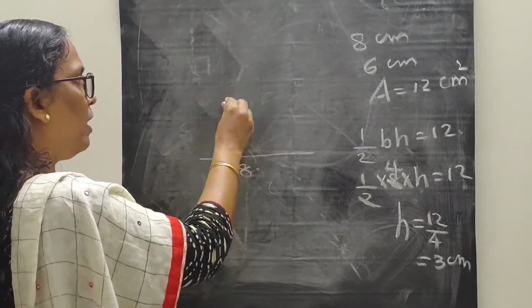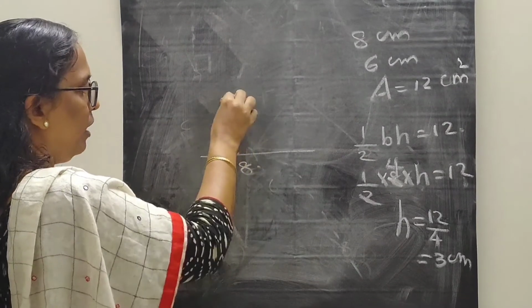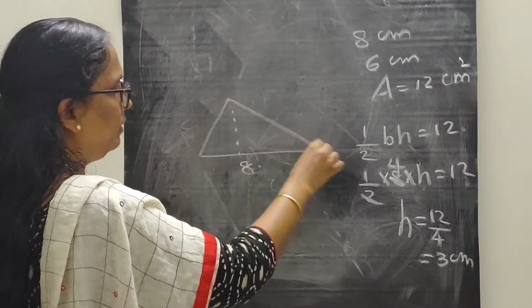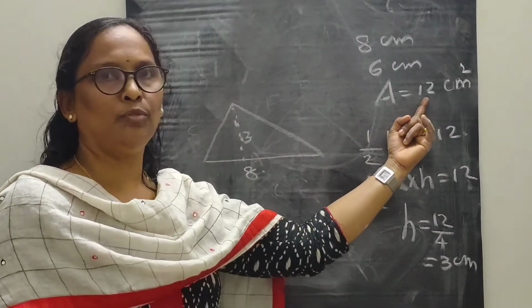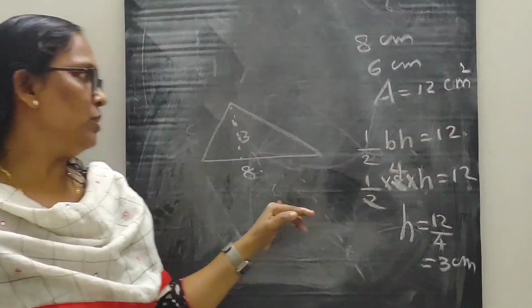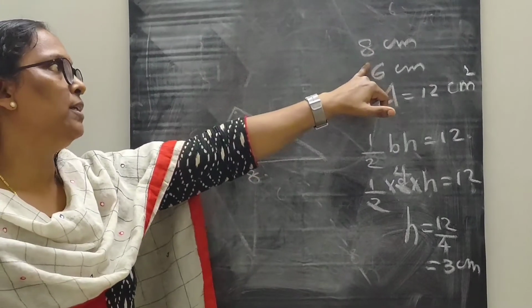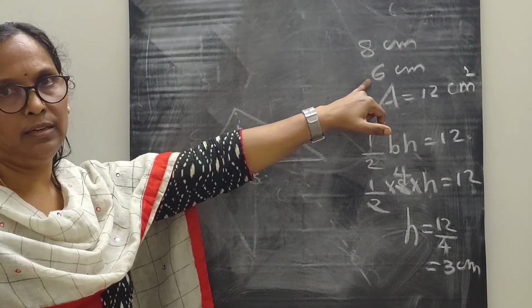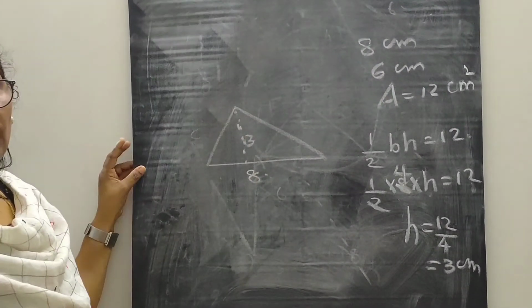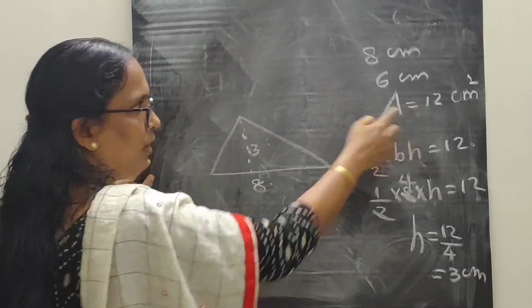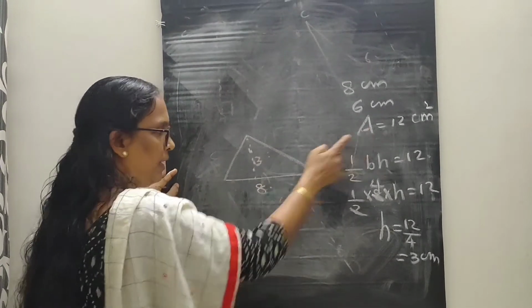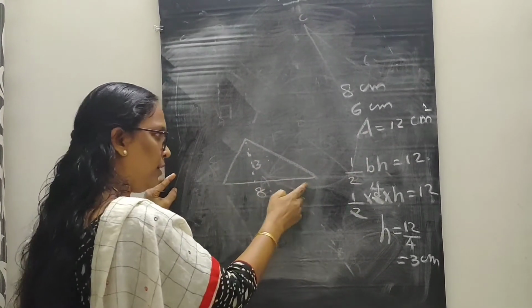So if you take height 3 centimeter and draw a triangle with a height 3 centimeter, its area is 12. But in our question, we need two sides 8 and 6. So how do you draw the triangle? The area should be 12, so the base should be the same.